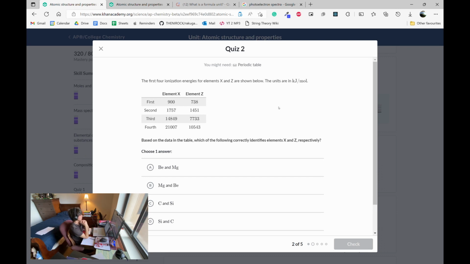How am I supposed to tell how much ionization energy is required? Well, one requires a lot more. X requires a lot more than Z.